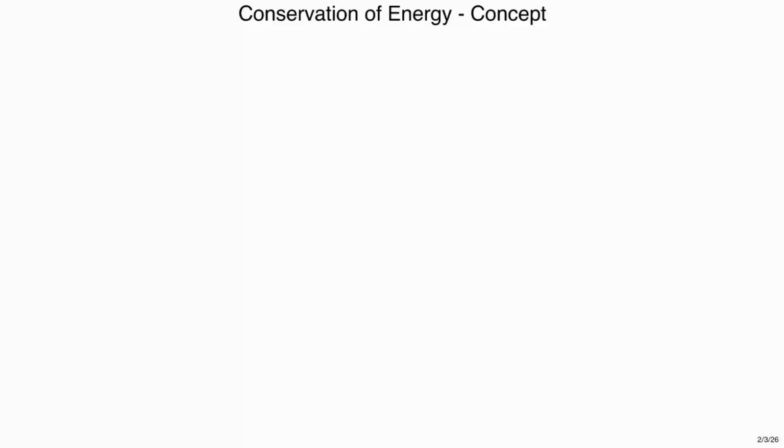A power plant that runs off of natural gas burns natural gas in order to make electrical energy. So it takes the chemical energy in natural gas and turns it into electrical energy.